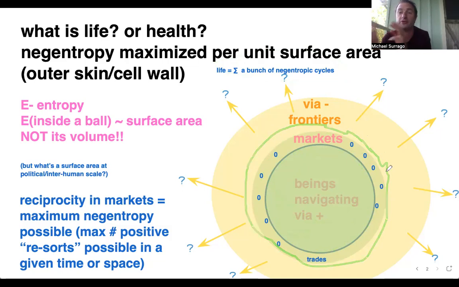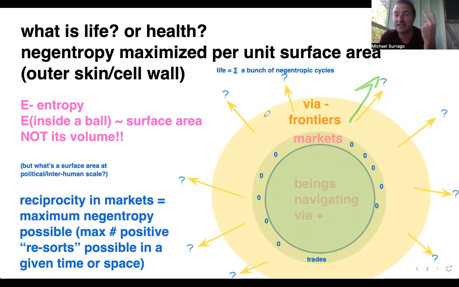Of course, it's the surface area of a sphere, but that is the place where adaptivity is required most, both in markets, which is itself a frontier of the entropy. It's responding to the entropy inside. So I'll get to that in just a second. And then you have the military responding to the entropy sort of outside, or science trying to make sense or make order of the entropy outside.